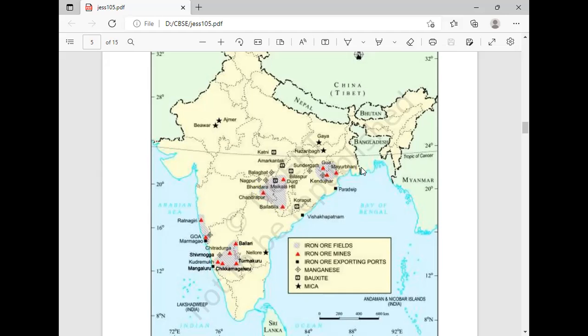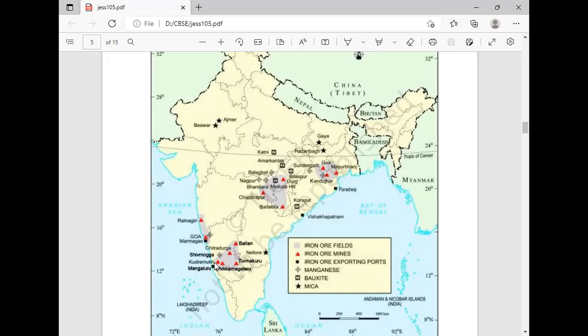Can you see Mayurbhanj and Kendujhar districts? From Bailadila mines, we got 14 deposits, and this is especially important for export. To which port are we exporting? Visakhapatnam. And you see the Bellary, Chitradurga, Chikmagaluru, Tumakuru belt.